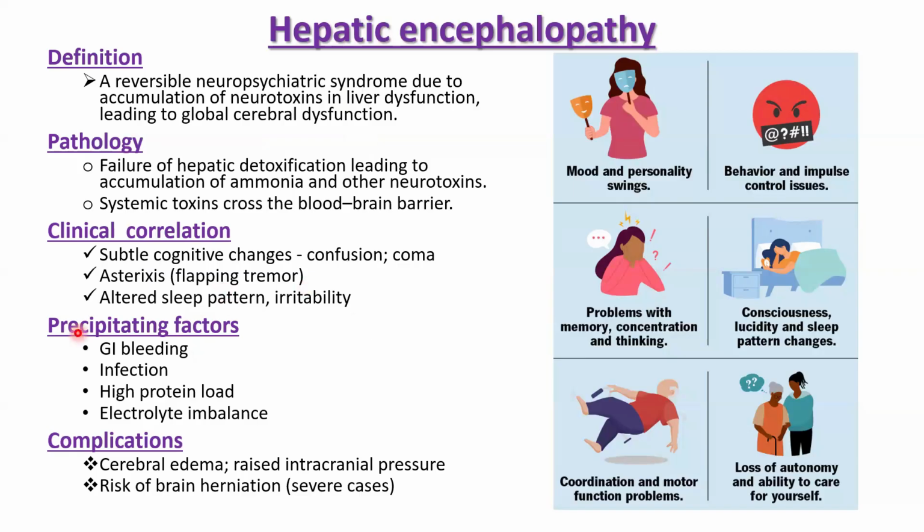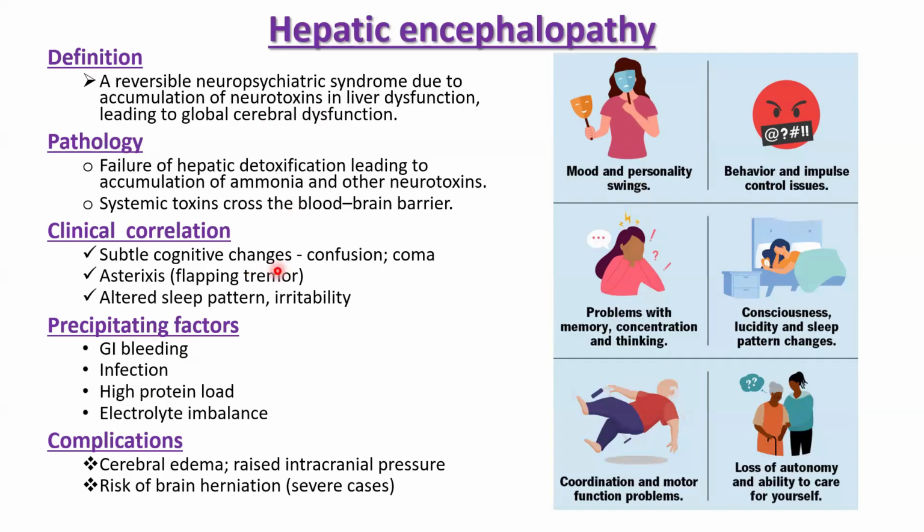And what are some of the precipitating factors to this hepatic encephalopathy? One is when you have liver failure, but also gastrointestinal bleeding, or infections, maybe respiratory infections or gastrointestinal infections. The other one can be high protein loads. So remember, protein gives rise to nitrogenous waste, and one example of this nitrogenous waste is ammonia.